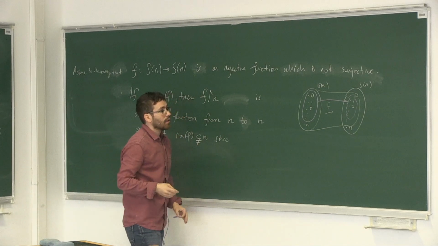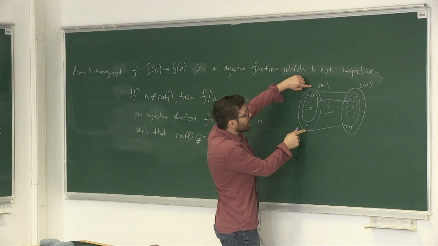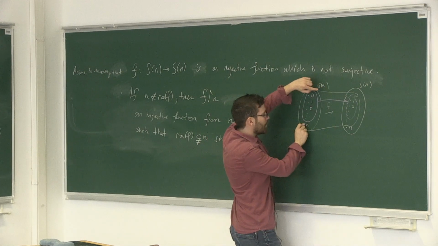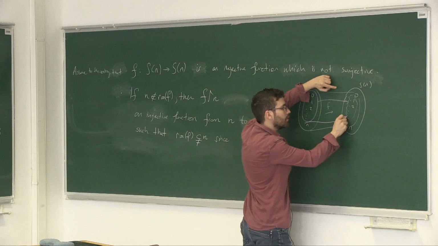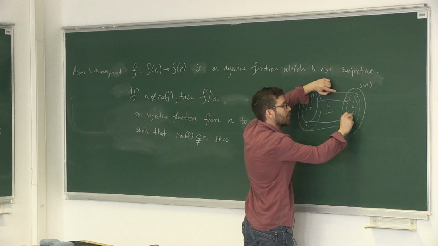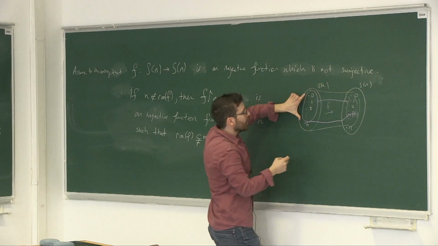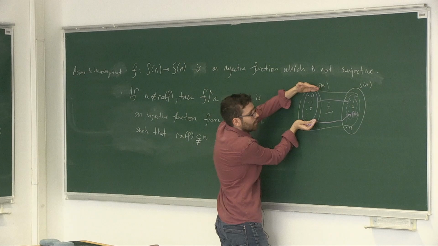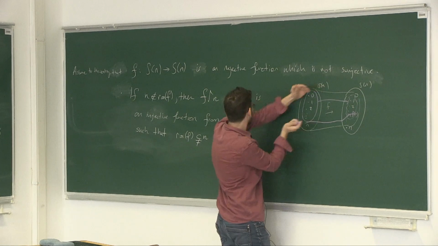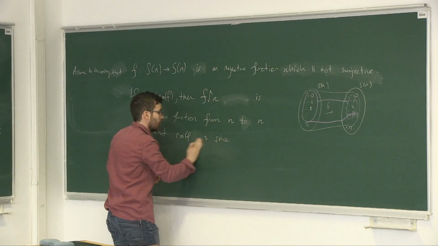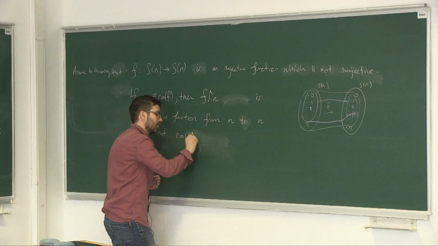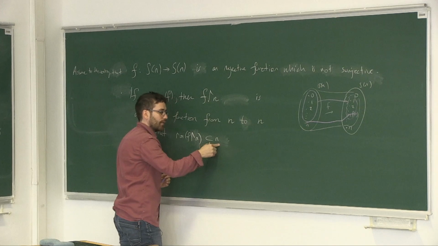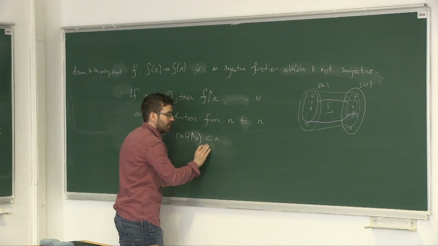Why is this the case? Because the range of the whole thing is contained in here. In particular, this little n is mapped to some guy over here, f of n. So if I restrict my function to these elements, if I just get rid of n, the range of the restriction can't be all of n.